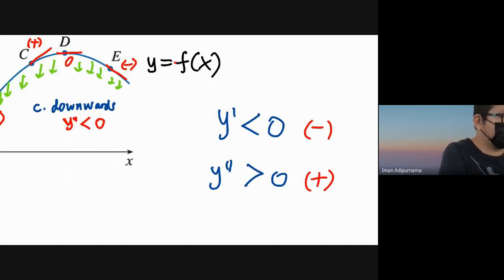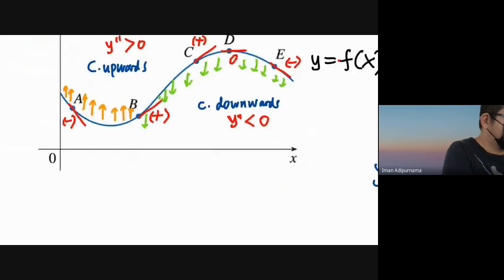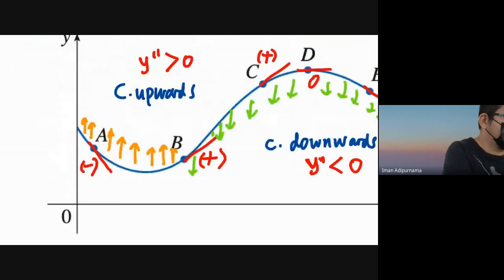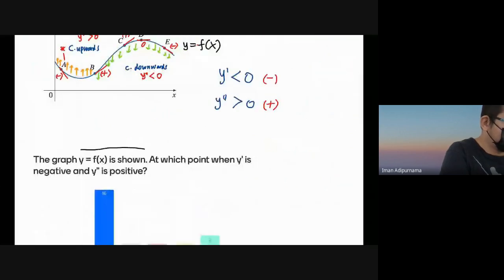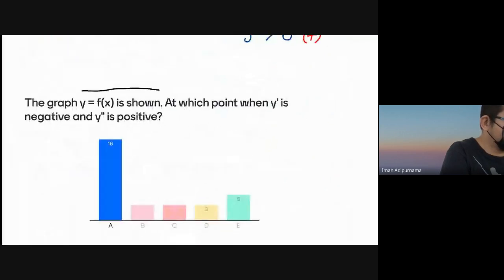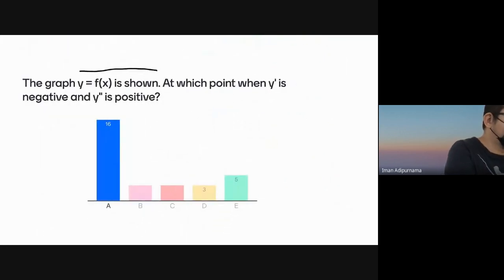Now the question is asking when y prime is negative and y double prime is positive. So the first derivative should be negative, and we get point A. This is our answer, A. I think you got a great result here.